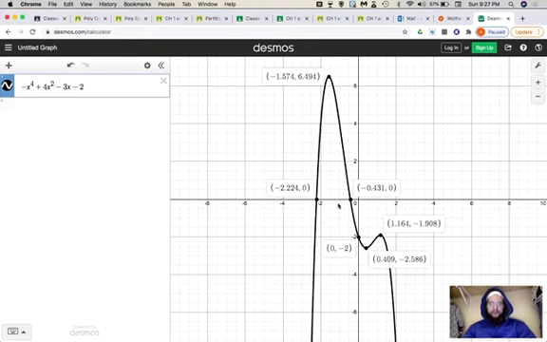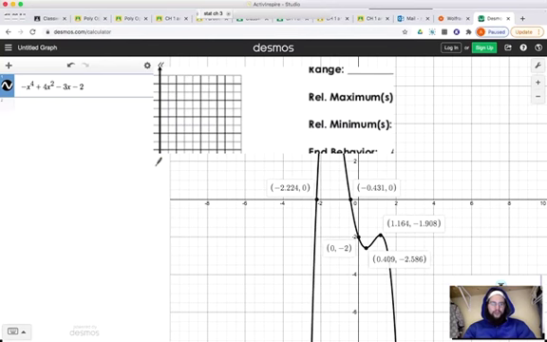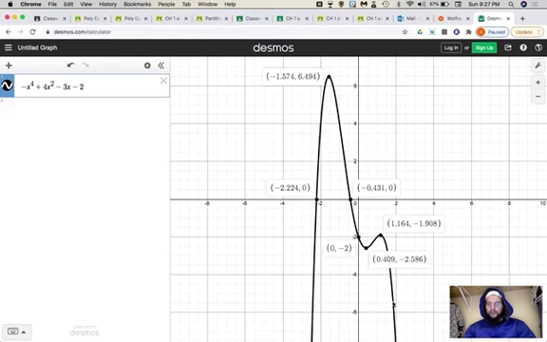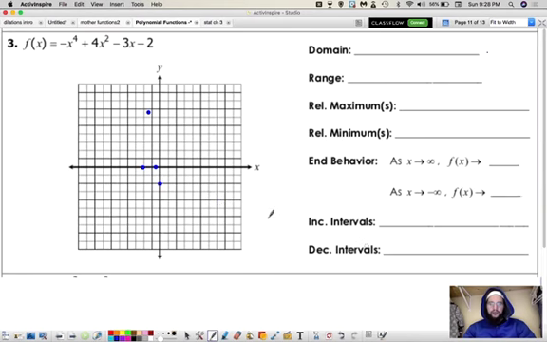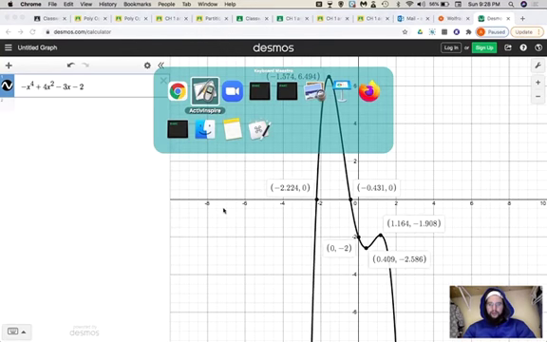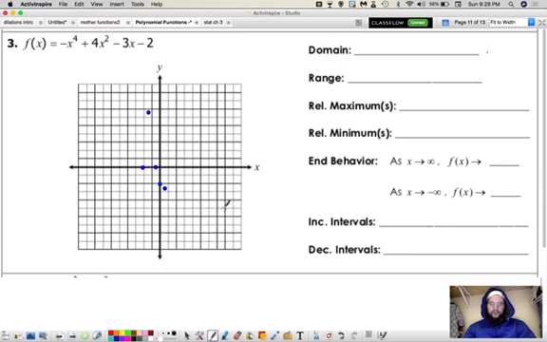Then -0.5, 0, pretty much. 0, -2. This one, almost a half, -2.5. There, a little over 1, and then almost -2. A little over 1, almost to -2. So I'm going to stick it right there.